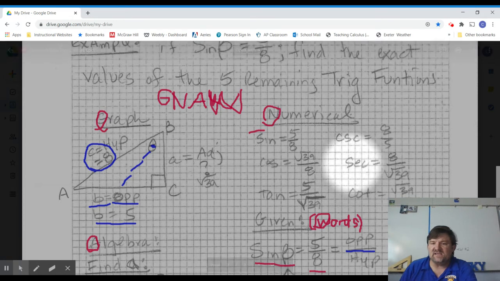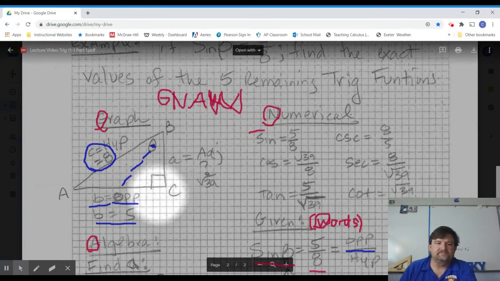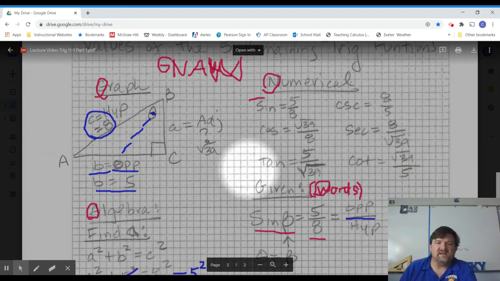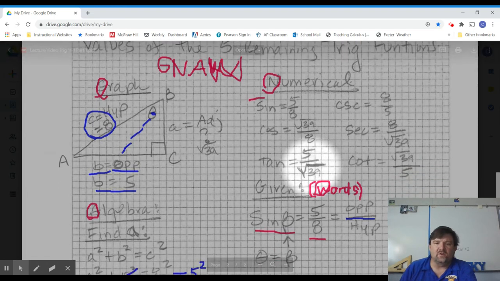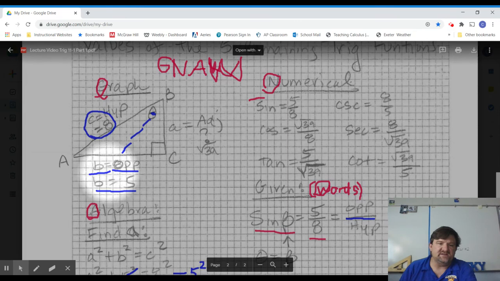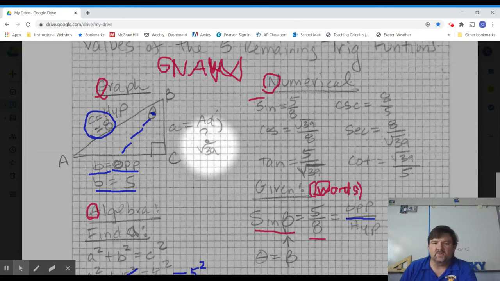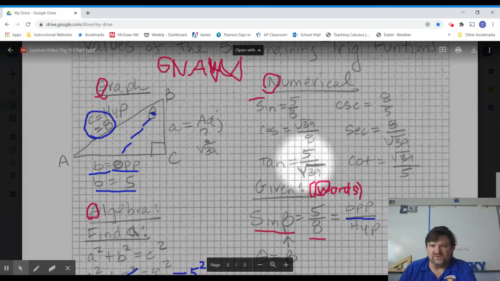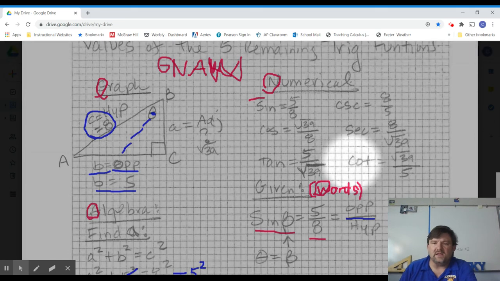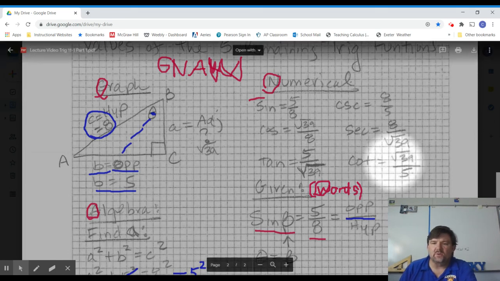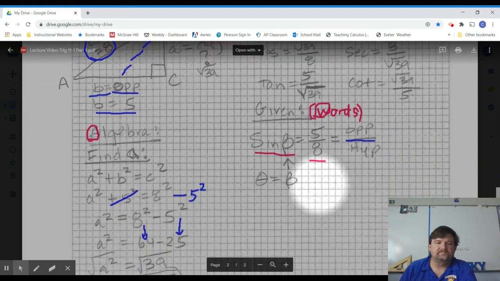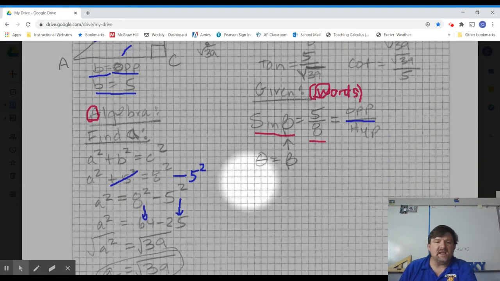That means my secant is 8 over the square root of 39. My tangent is opposite over adjacent. My opposite is 5. My adjacent is square root of 39. So that's where those come from. And then my inverse, which is cotangent, we flip it, it becomes the square root of 39 over 5. So that's how you solve them.